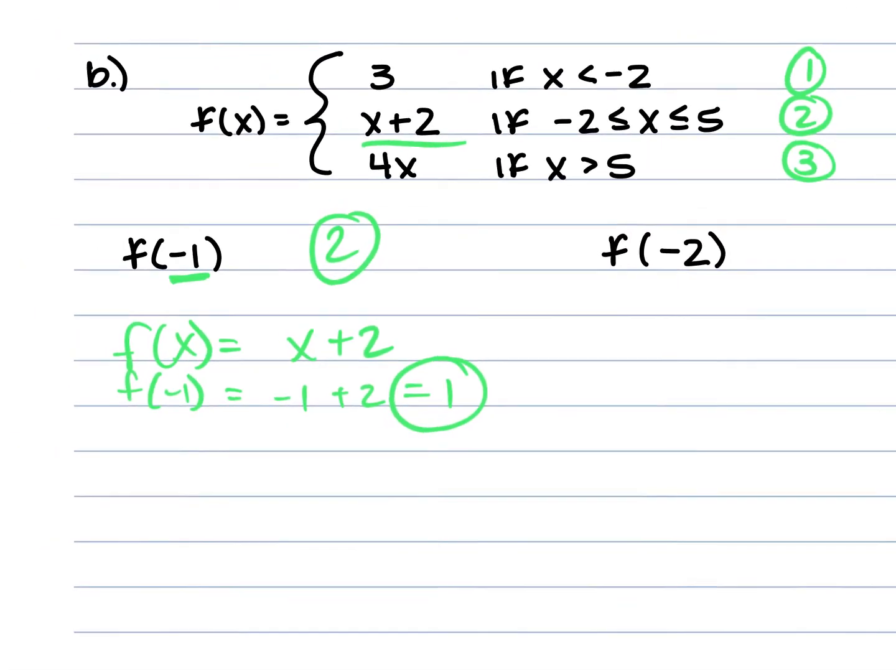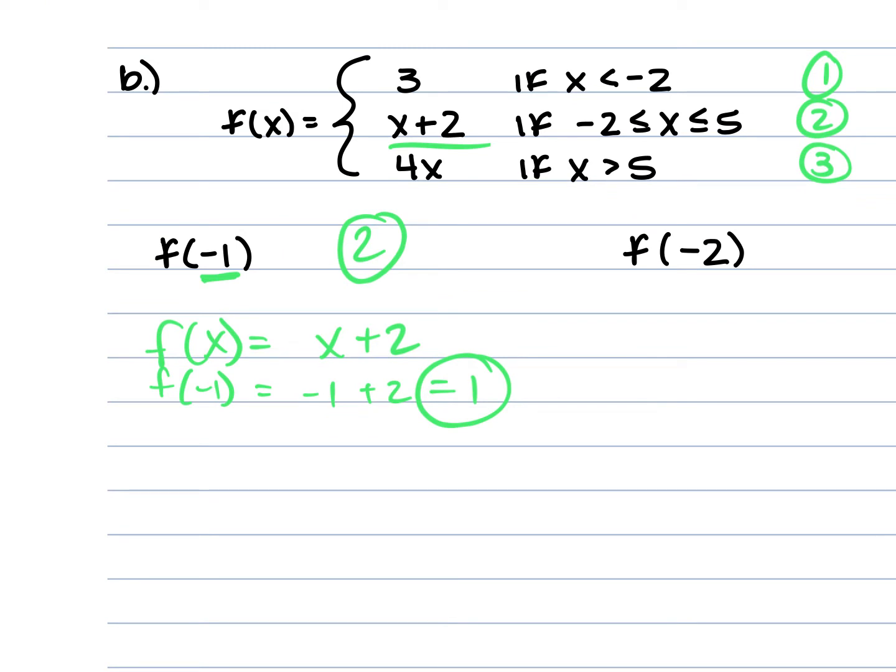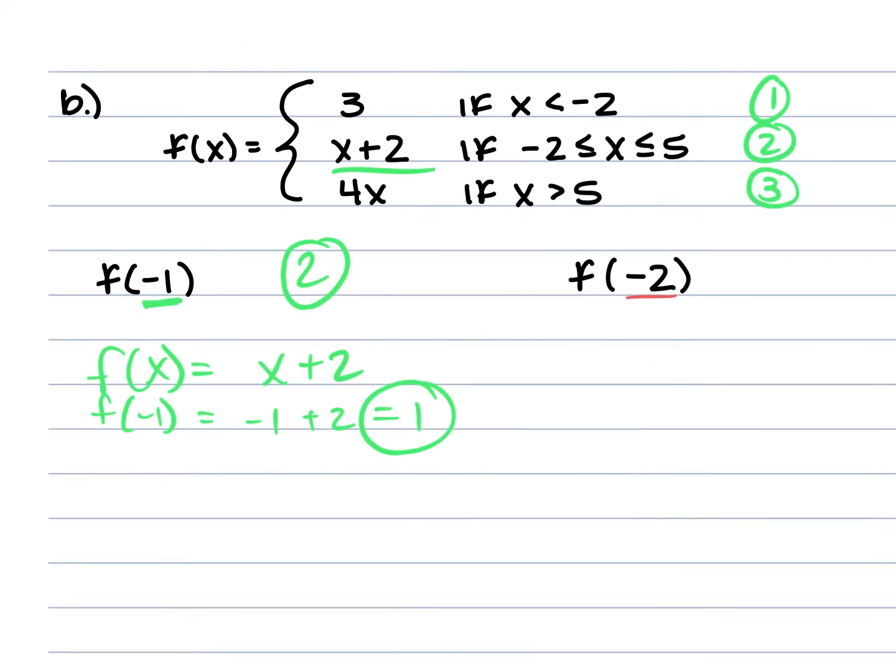Okay. What about if we had f of negative 2? Alec? Very good. It's still going to belong to piece 2. Why, Alec? Good. So do you see that equal sign, guys? It says negative 2 is less than or equal to x. If you put negative 2 here, it works.